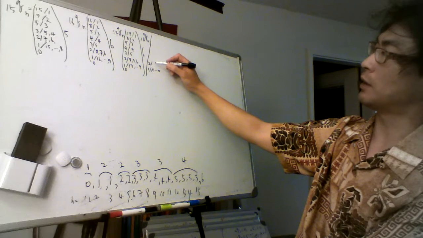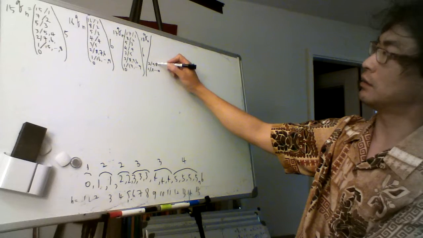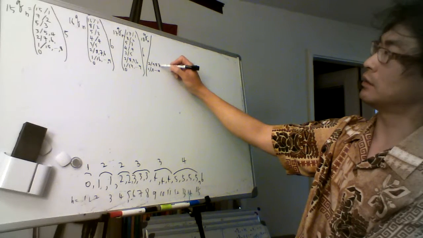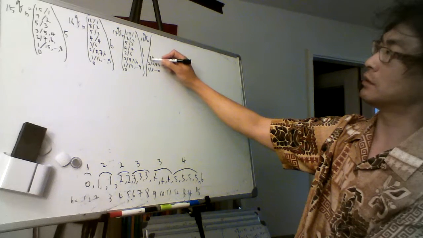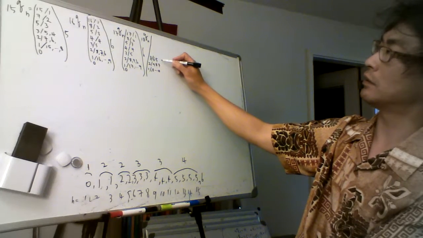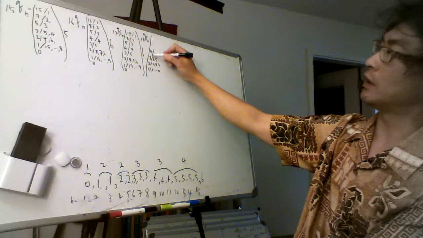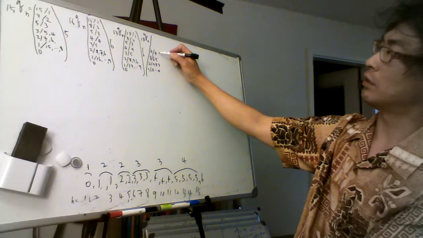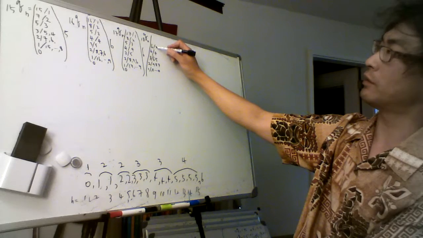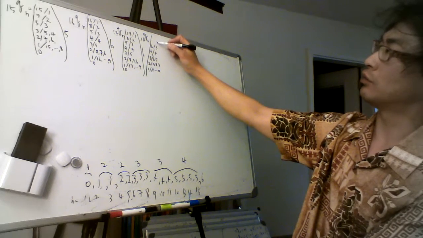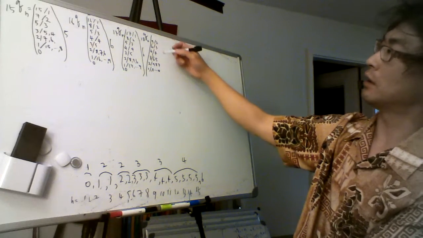When we divide by 9, 8, 7, 3 when we divide by 6, 5, and 4 when we divide by 4, and 6 when we divide by 3, and 2, 9, and that's that.